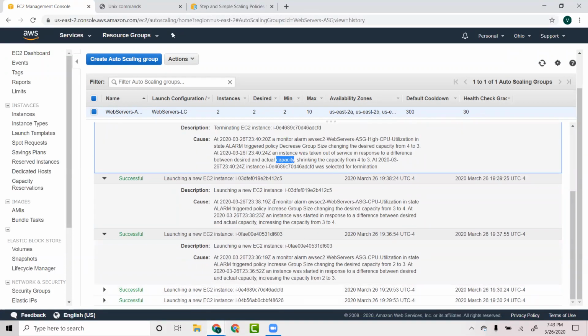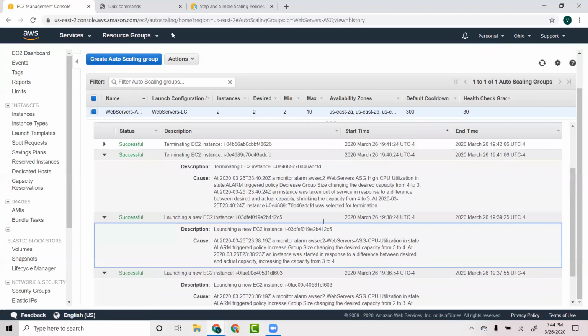And see this one, another monitor alarm went off, and then it increased the size. It was continuously checking. On this particular instance, 412C5, a monitor alarm CPU utilization in alarm triggered policy, increase group size, changing the desired capacity from 3 to 4.